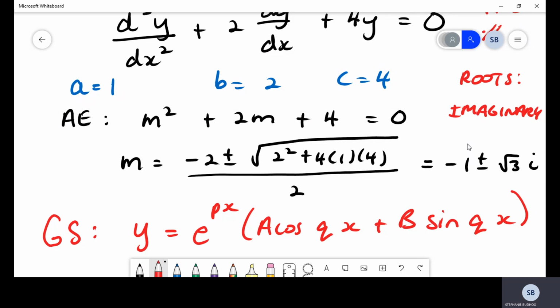Well, based on your solution of your imaginary root, the value p is actually the real part of your root and q is the imaginary part. Substituting those values in, p is -1, and q, we can replace by √3. And there you have it. That's your solution to this second order differential equation.